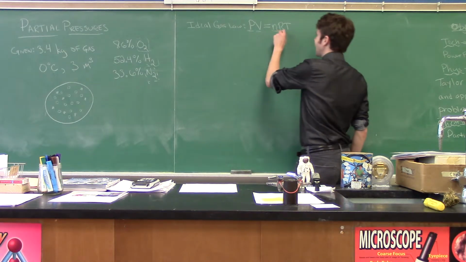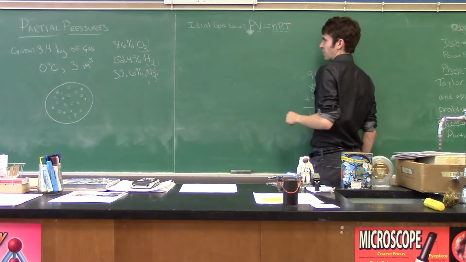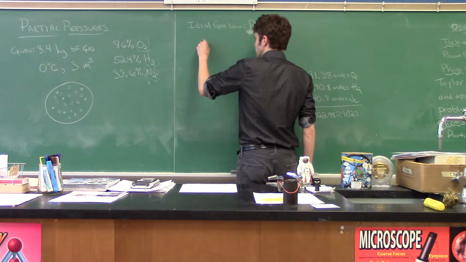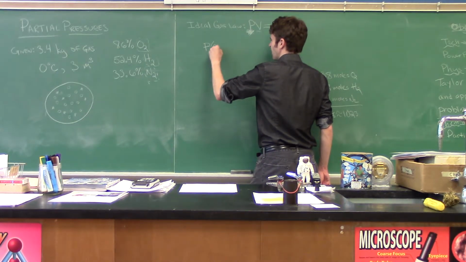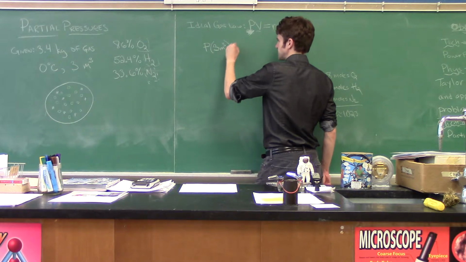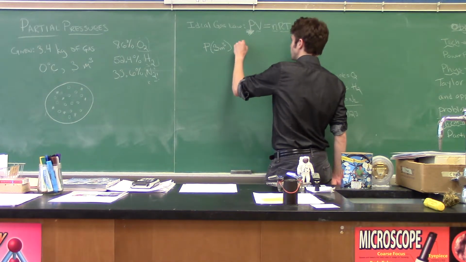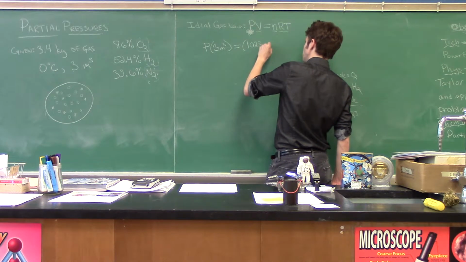So now we know n. We have everything that we're looking for and we know what we want, total pressure right here. So let's start filling this in. So P times our volume, 3 cubic meters, times our total number of moles, which is 1,023 moles.